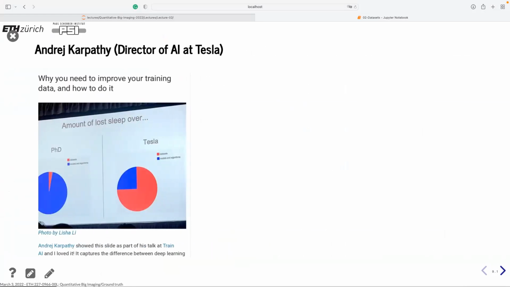Another view of it is comparing how many lost hours of sleep you have when you compare a PhD who is looking at his data, or someone at Tesla. It's a little bit small here, but the red little slice here is about data for the PhD.